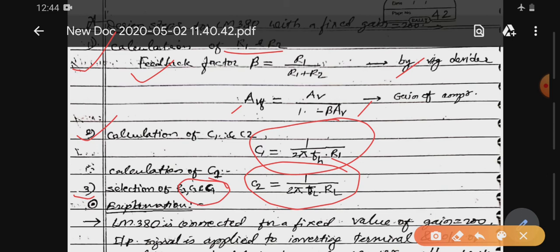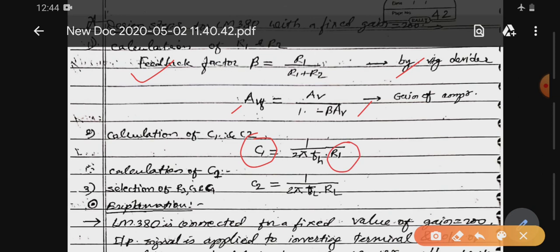Here you can see C1 is compared with R1, so XC1 is equal to R1, and C2 is compared with load, so XC2 is equal to RL. C1 improves the higher cutoff frequency response, therefore FH is there in this equation, and C2 improves the lower cutoff frequency response, therefore FL is there in the equation of C2.